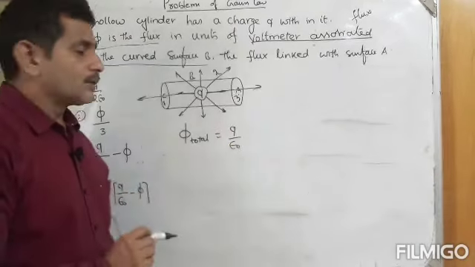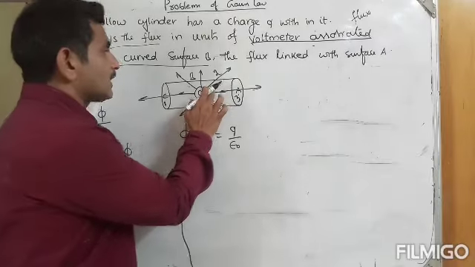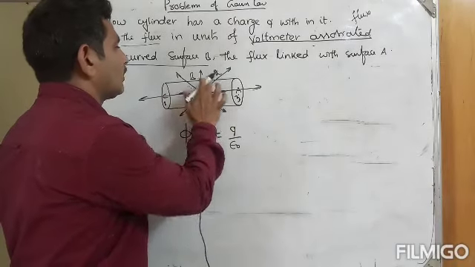Am I right or wrong? This flux is passing through 3 areas, 1, 2, 3.